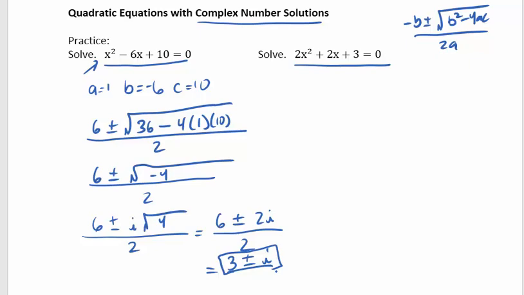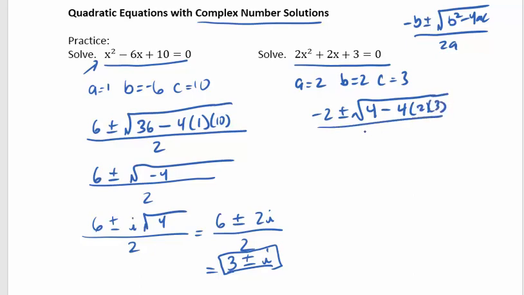Alright, let's take a look at the next one now. So here I have that a is equal to 2, b is equal to 2, and c is equal to 3. So we've got -b, so -2 plus or minus the square root of b squared, which is 4, minus 4 times a times c, all over 2a, which is 2 times 2.